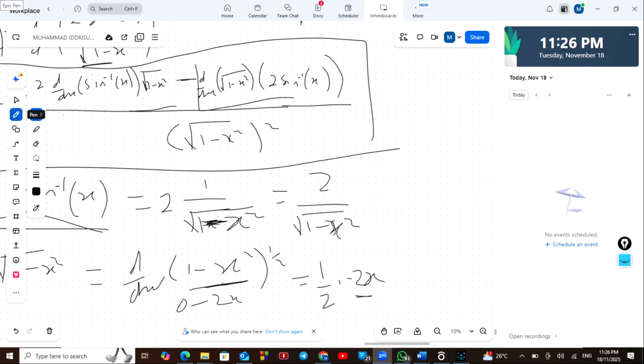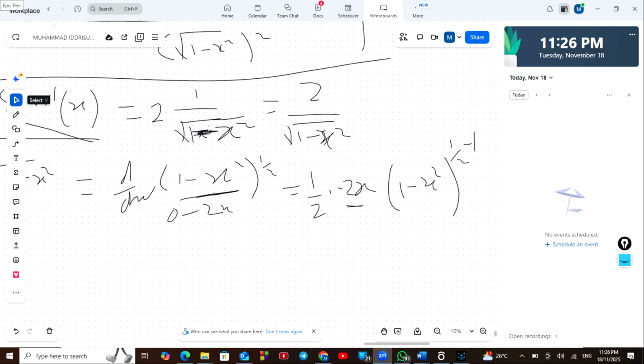So we multiply this by 1 minus x squared all to the power half minus 1. Whenever we differentiate, we subtract 1 from the power. And this will give us 1 over 2 times negative 2, which gives minus x, multiplying 1 minus x squared all to the power negative half.